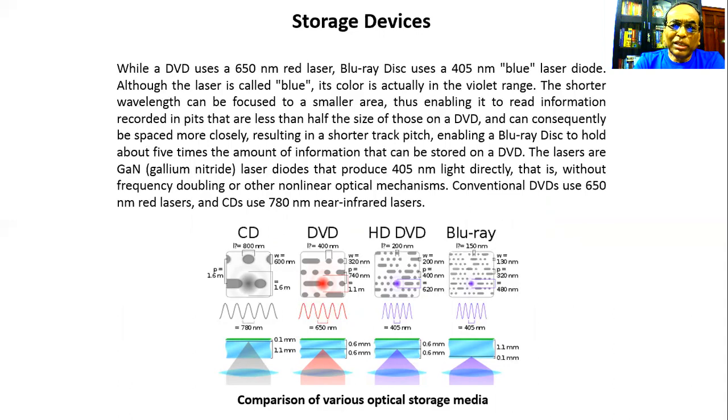Here is a comparison of several types of storage devices: CD, DVD, HD DVD, and Blu-ray. While a DVD uses a 650 nanometer red laser, a Blu-ray disc uses a 405 nanometer blue laser diode. Although the laser is called blue, its color is actually in the violet range.